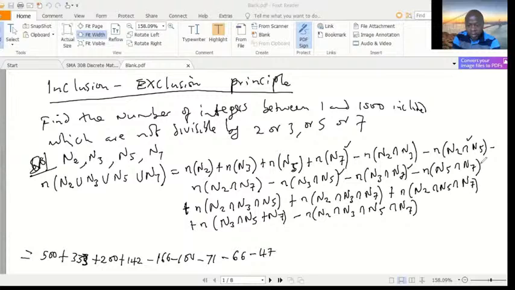This is 35 divided into 1,000, and you get 28. And let's come here. This is 30 divided into 1,000. That gives you 33. I'm only taking the whole numbers actually.